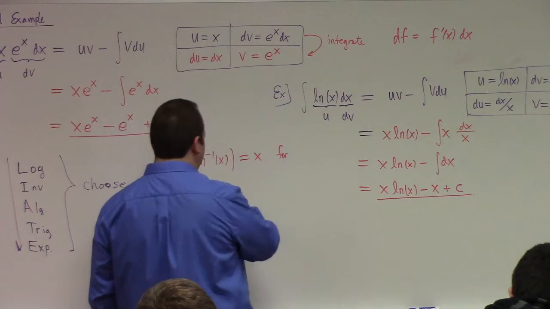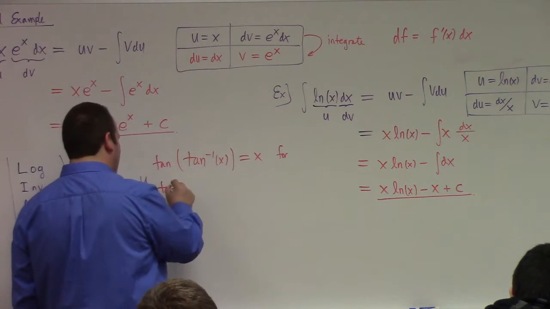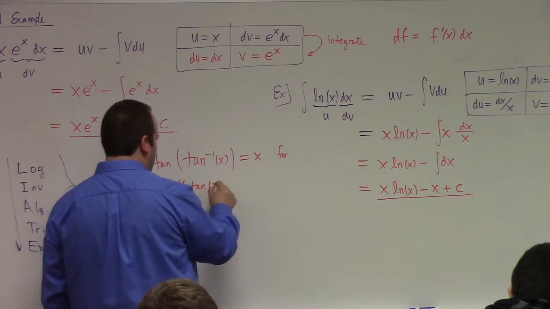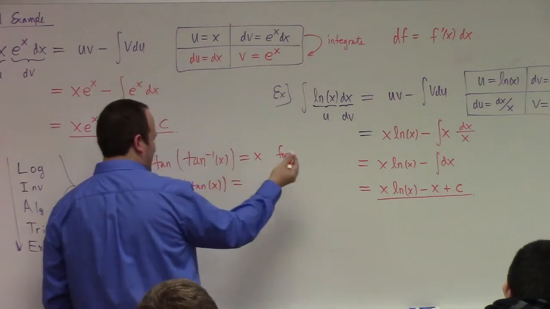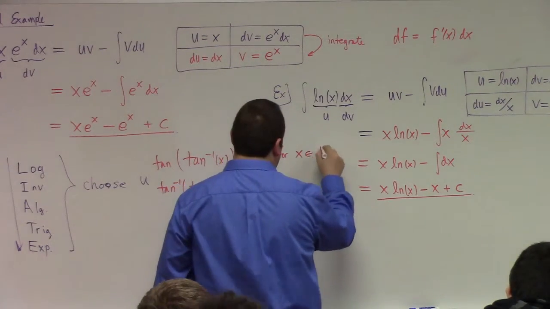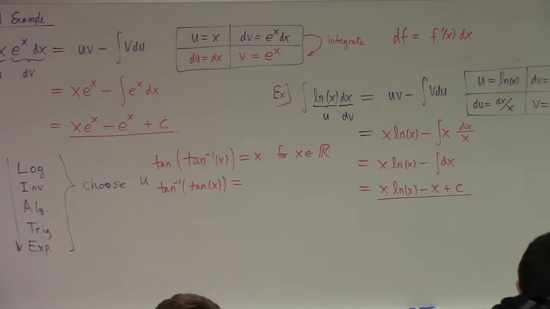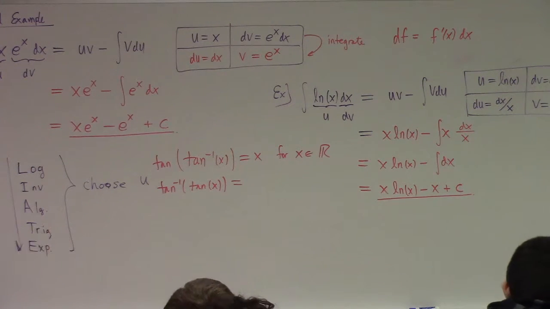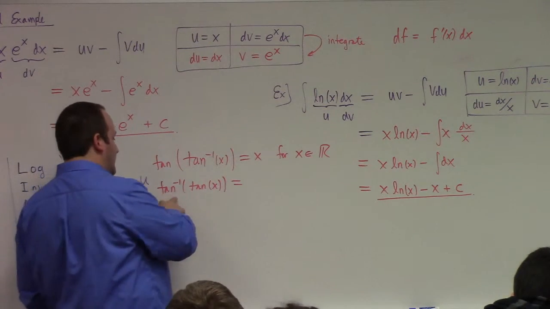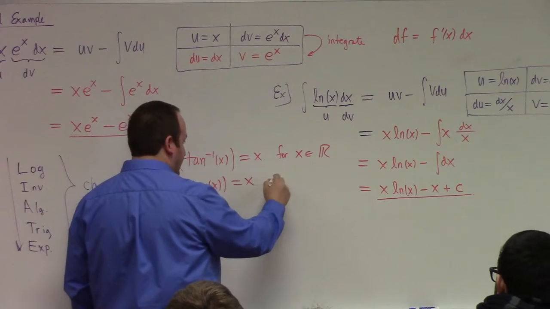Oh, I'm sorry, I got it the wrong way. The domain of inverse tangent is the range of the tangent, which is all reals. But the inverse tangent of tangent x is only x again for x what?